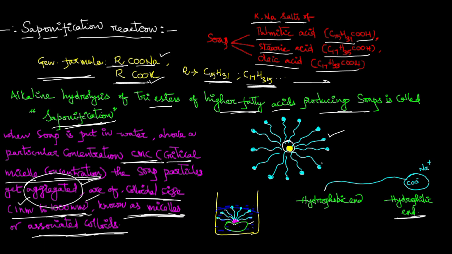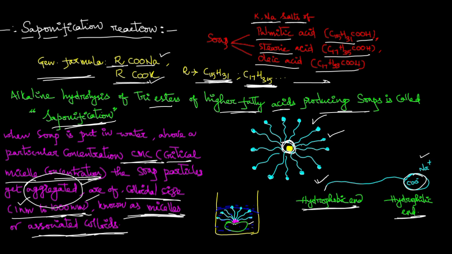Here the micelle has the shape like this, and this is the dirt particle, and the micelle is attached to the dirt particle like this, and it has two ends. One is hydrophobic, which contains the hydrocarbons, these things C15H31 and so on, and this is hydrophilic, which is attracted to water, and this is Na plus.